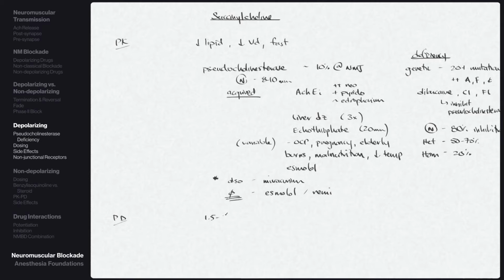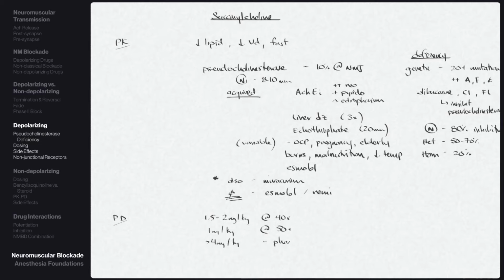This will give you intubating conditions at about 40 seconds, while at about 1 milligram per kilo, you might see intubating conditions a little bit slower at about 50 seconds, but obviously very quick in general. The last thing I'll mention is that if you give more, let's say over 4 milligrams per kilo, you may end up with this phase 2 block.